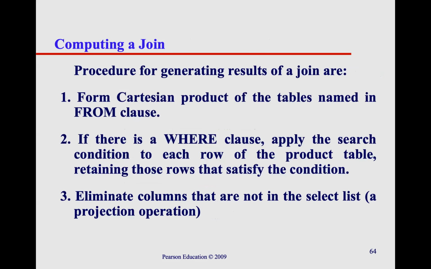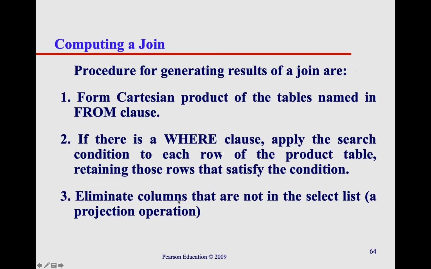So technically, this is the general algorithm for computing a join. A join is really just a Cartesian product of the tables in the from clause. After you take the Cartesian product, you apply the where clause to filter out only the rows you want.